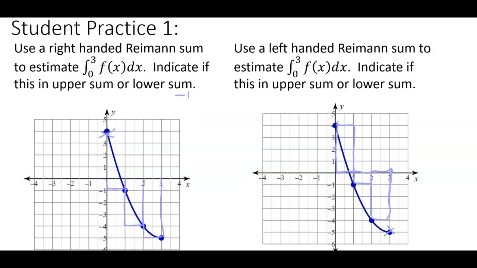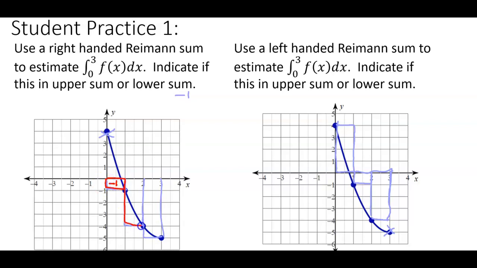So now I'm going to ask Dario, what did you get for these little areas down here? Tell me what each of these little areas are. This little rectangle here, Dario, that's -1, right?